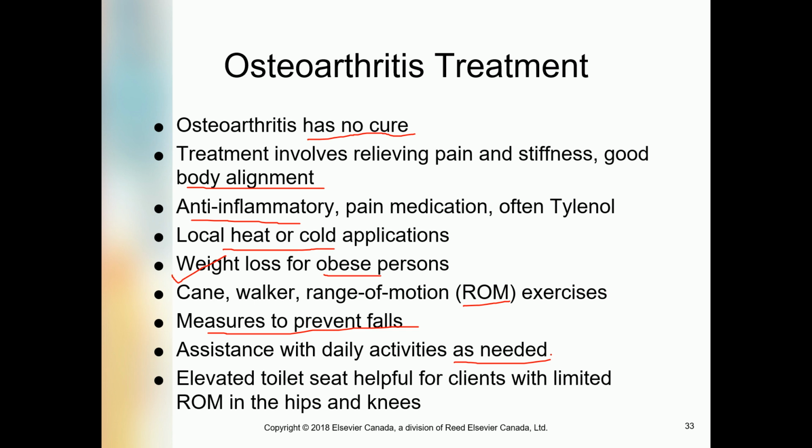It means you are making them independent. Elevated toilet seats are helpful for clients with limited range of motion in the hips and knees. For people with osteoarthritis and surgical procedures, the toilet seat is more elevated, higher, so that they don't have to worry.